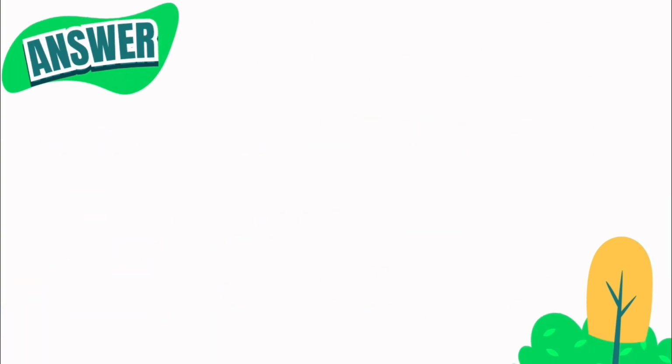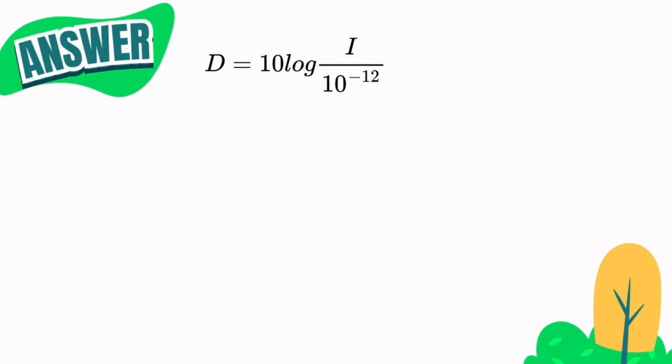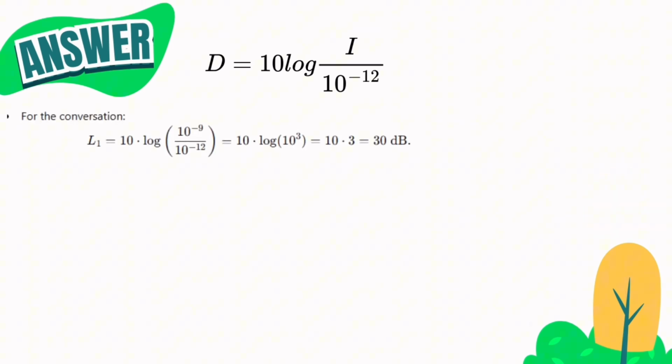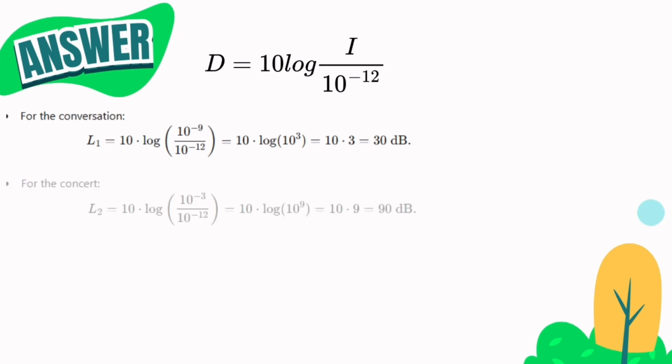Now, we know that the sound intensity is measured in watts per meter squared, and the decibel scale uses a logarithmic formula. D is equal to 10 log quantity I over 10 raised to negative 12. So our first step is to find the decibel levels for both sounds. For the conversation, L1 is equal to 10 times log quantity 10 raised to negative 9 over 10 raised to negative 12, is equal to 10 times log quantity 10 to the power of 3, is equal to 10 times 3, equal to 30 decibels.